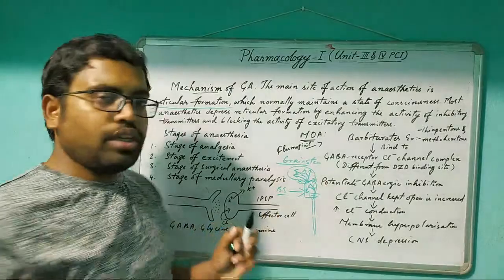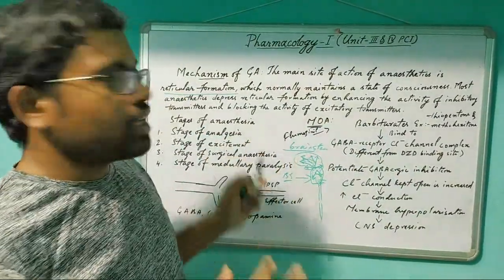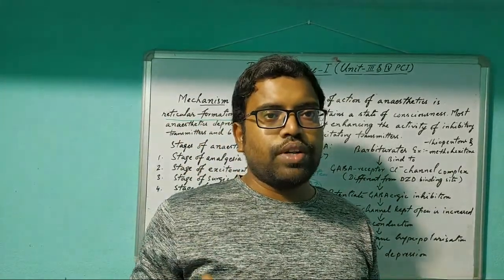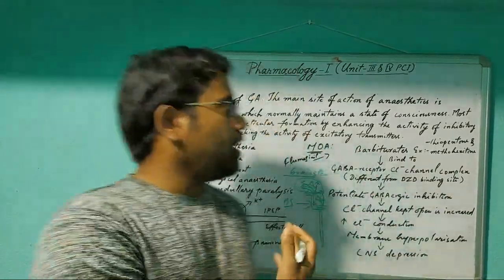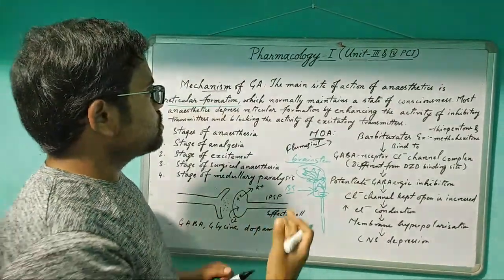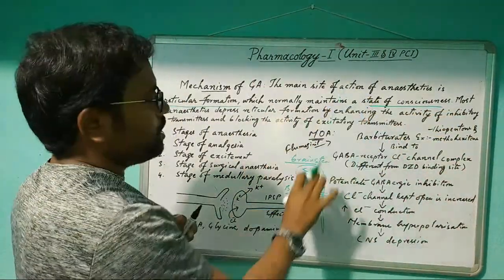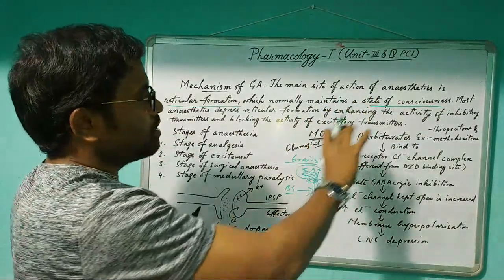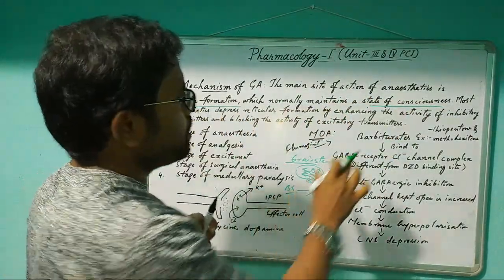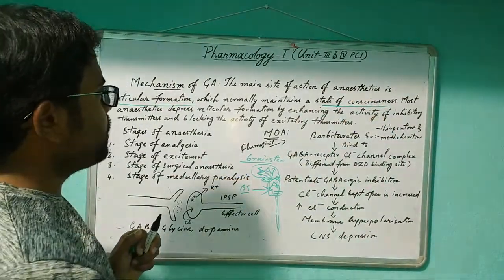By forming nerve networks in the brain, it maintains the consciousness of our activity. Right now I am giving the lecture, so I am in a conscious state, and the reticular formation is maintaining that state of consciousness.